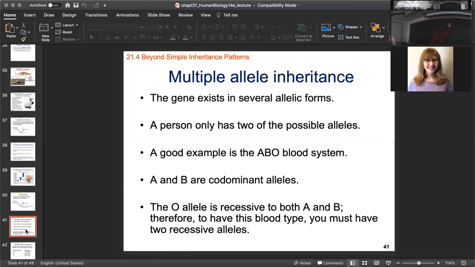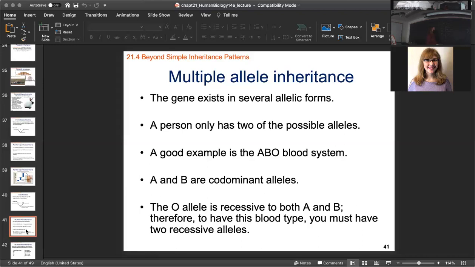If you were type A blood, you either look like AA or AO. If you're type B, you're either type BB or you're BO. If you're type AB, you're just AB. There's no other options. If you're O, you're just OO. Okay? This is also how it's possible for a person with type A and a person with type B to have offspring that's O.